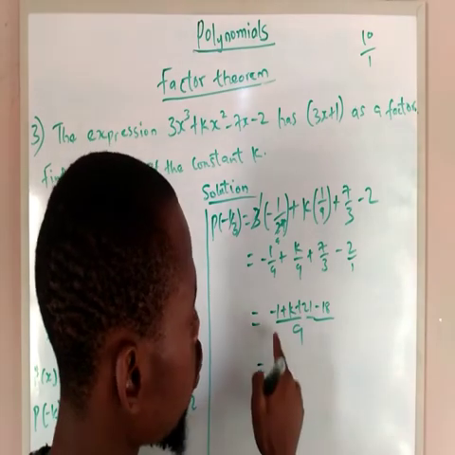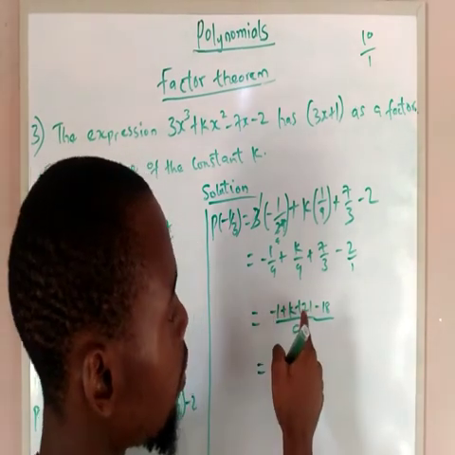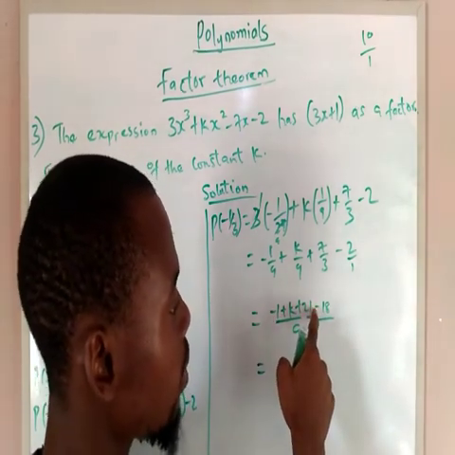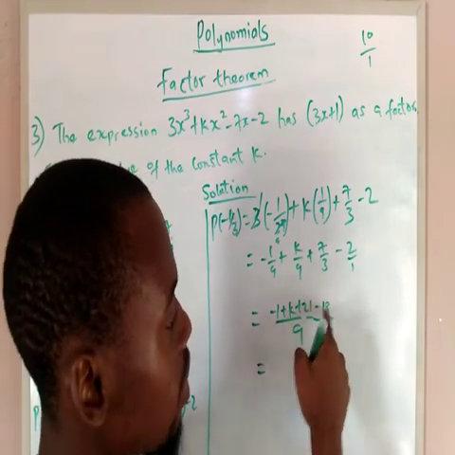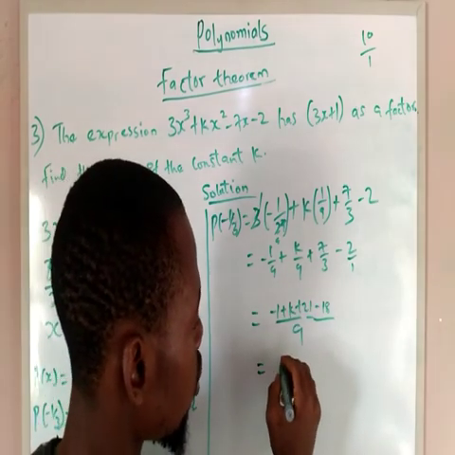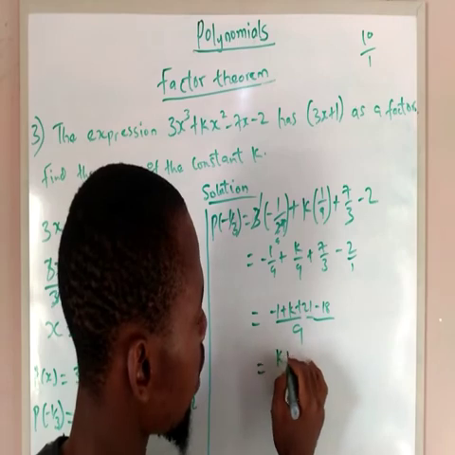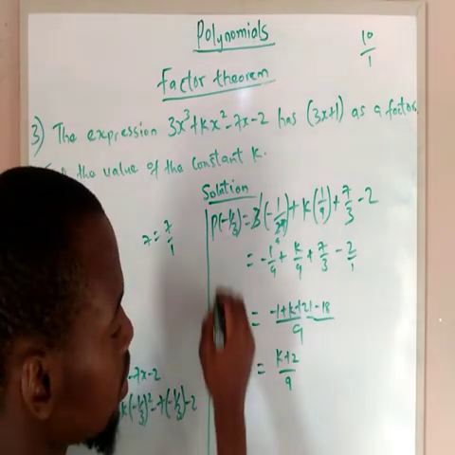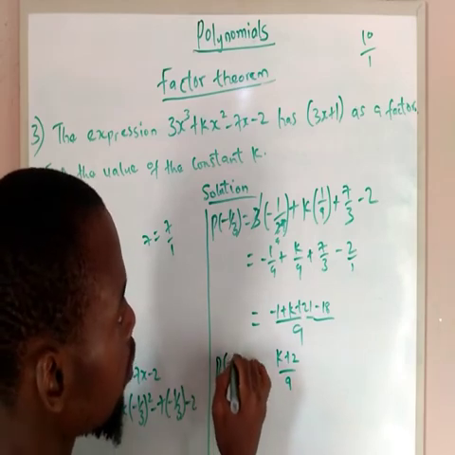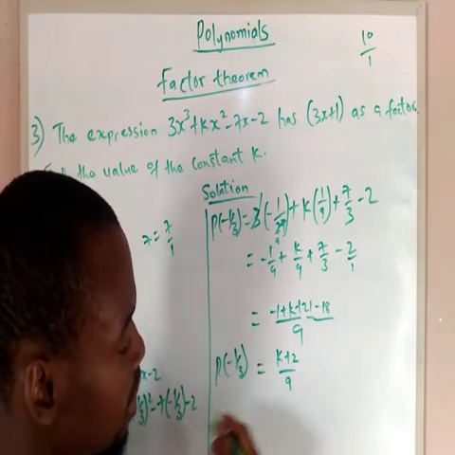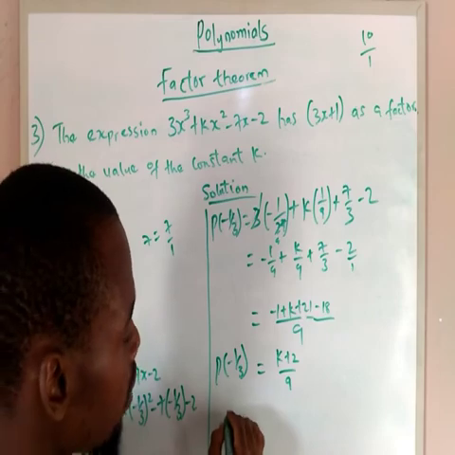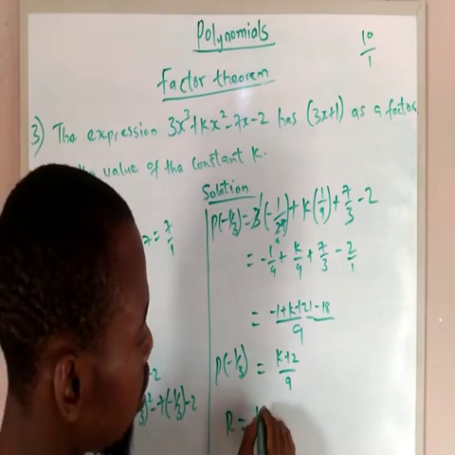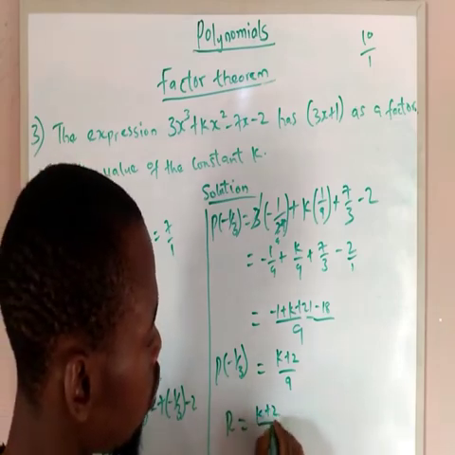This will be equal to minus 1 plus 21, that will give us 20. 20 minus 18 gives us 2. So we have k plus 2 divided by 9. Remember, this is our p of minus 1 over 3, and it's the same thing as the remainder. So the remainder is equal to k plus 2 over 9.